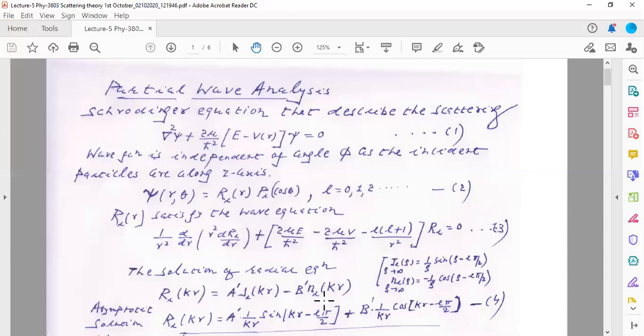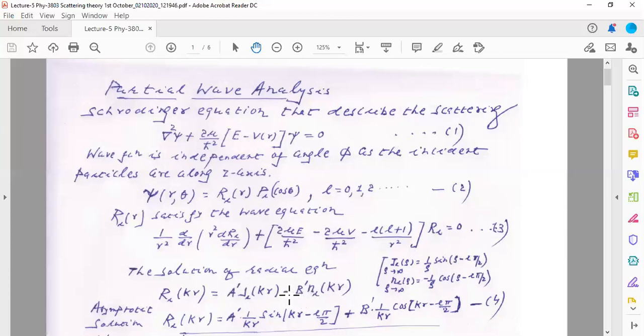And now I can substitute the value of the spherical Bessel function at large distance, which is defined by this equation. Here also asymptotically, I can write this. Instead of rho, your argument is kr, so you have to write the value of j_L of kr, which is 1 upon kr, sine of kr minus L pi by 2.